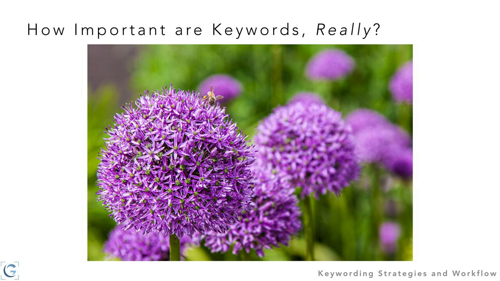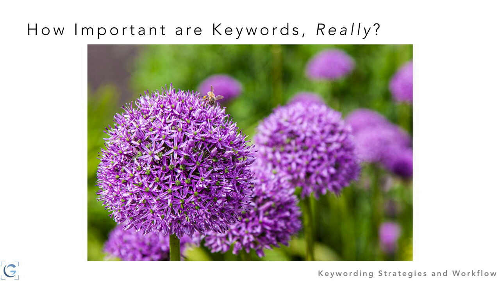But the point is that keywords really would have helped if I could have found this image by just typing in allium. That would have been so much easier. But of course, that requires actually adding keywords to the photos in the first place. So I wouldn't say that keywords are absolutely critical to everyone's workflow, but I'd say they certainly can be helpful. And so it's probably worth spending at least a little bit of time adding keywords to your images.